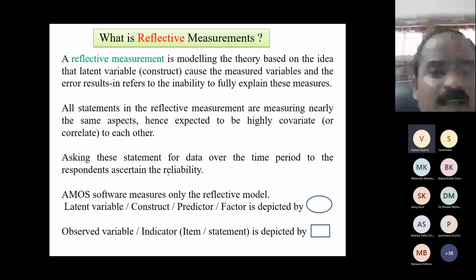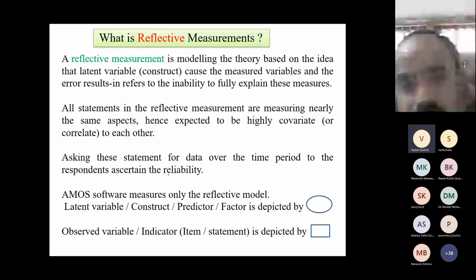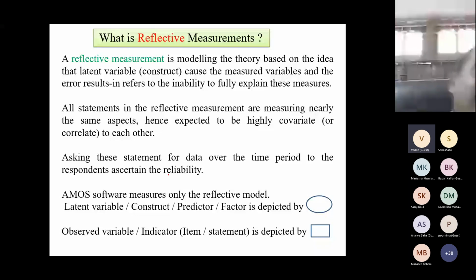Try to understand. That is the reason covariance based structural equation modeling is very important, because it considers the error very strictly. A reflective measurement models the theory based upon the idea that the latent variable causes the measurement variable. That is the reason the arrow mark goes from the latent variable towards the indicators.